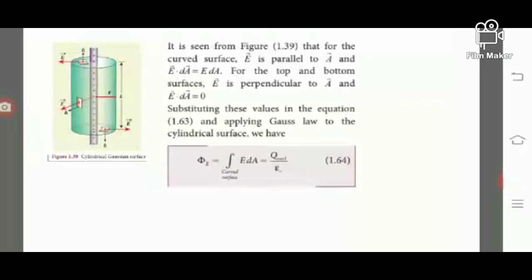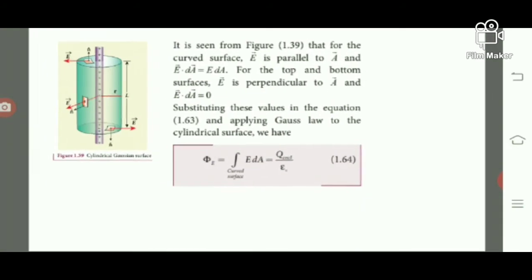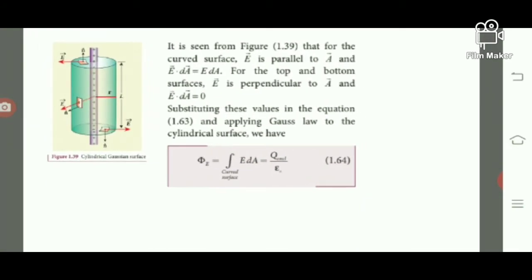For the top and bottom surfaces, E vector is perpendicular to A vector, so E vector dot dA vector equals 0. Now substituting these values in equation 1.63 and applying Gauss law to the cylindrical surface, we have phi E equal to the integral over the curved surface of E dA equal to q enclosed divided by epsilon naught.